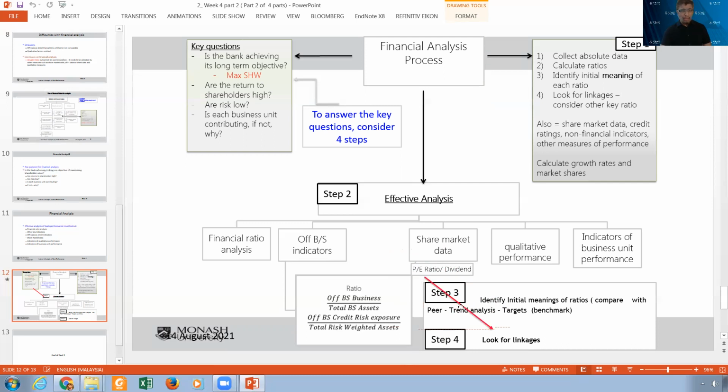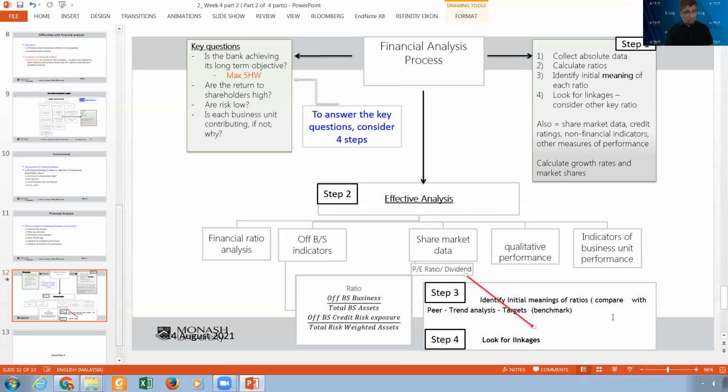And we have to look for linkages, because as I told you, we can do very well compared to the trends, compared to the peers, and according to the targets. But at the end of the day, are we making all these profits because we are compromising something, like the risk?